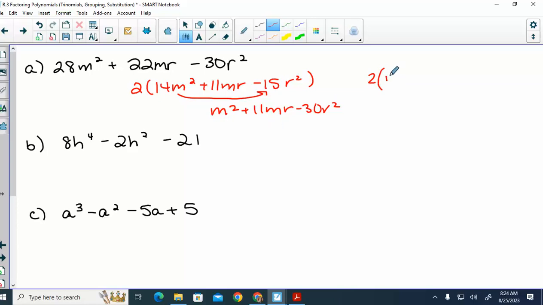This would factor into... not 30. No, not 30. 210. Yep. 14 times 15. Okay. So multiply -210 and add to +11, so that would be a +21 and a -10. But each of those needs an r with it.